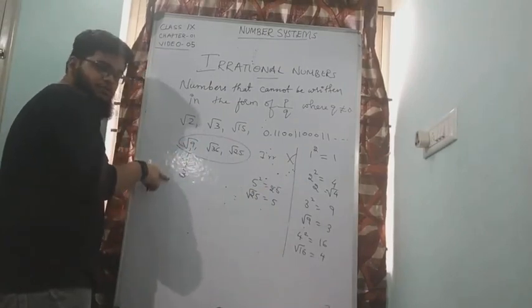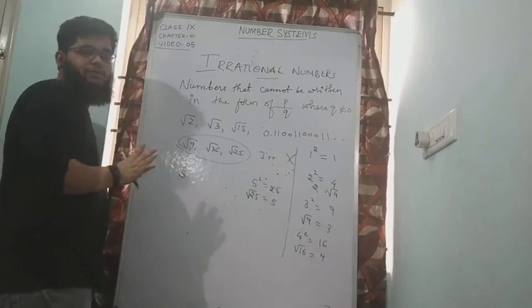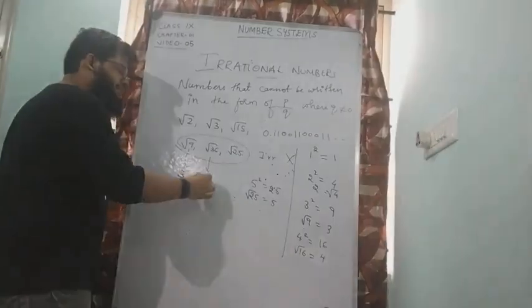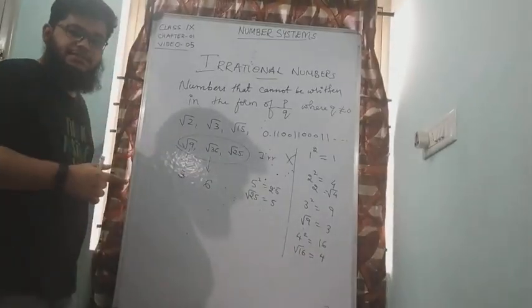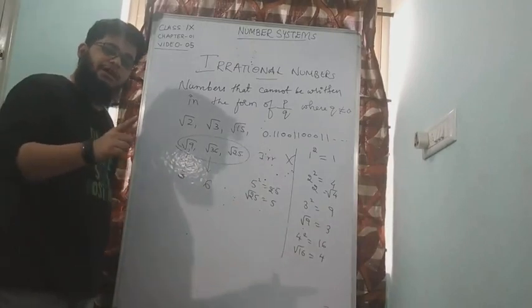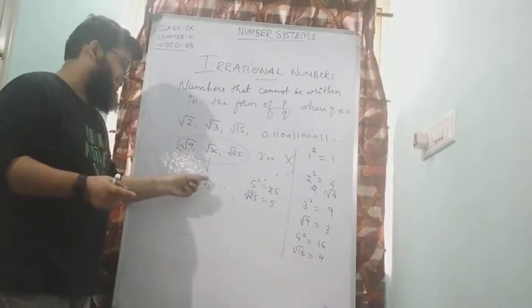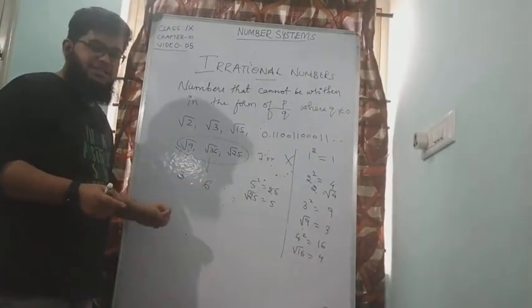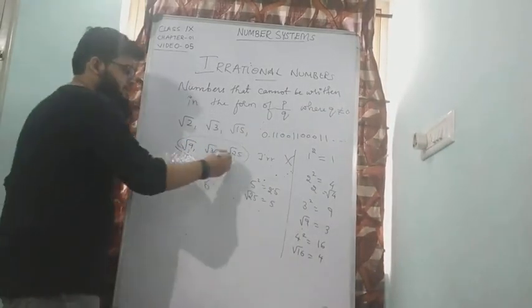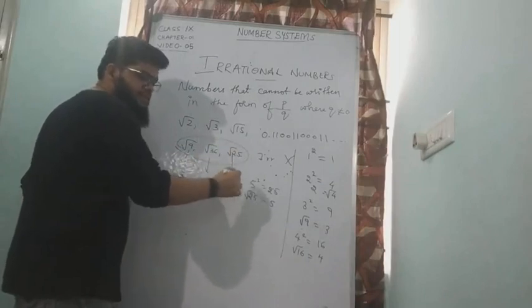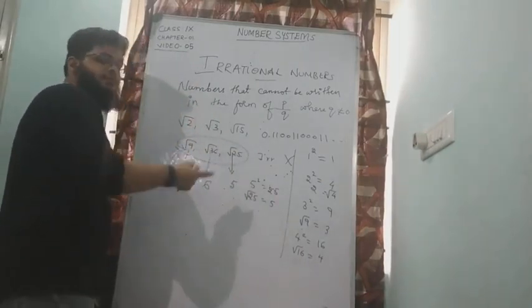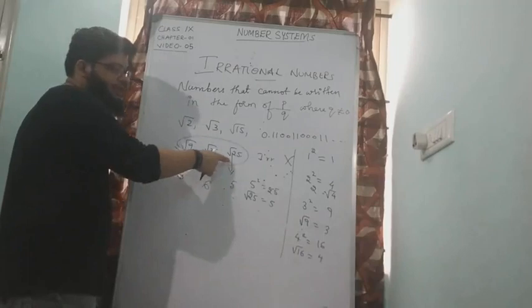So it has a square root. But for 2, there is no square root. Square root of 36 is 6 because 6 6s are 36. Same number multiplied 2 times gives a number called a square number. Right? So square root of 36 is 6. Root 25, square root of 25 is 5. So the numbers that have a perfect square root cannot be called irrational numbers.